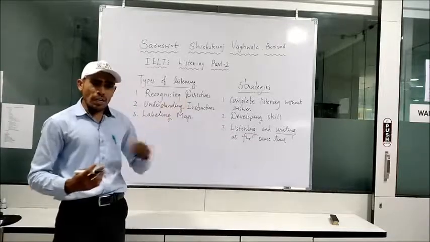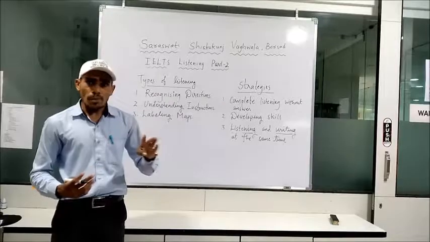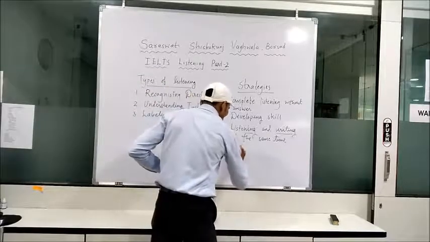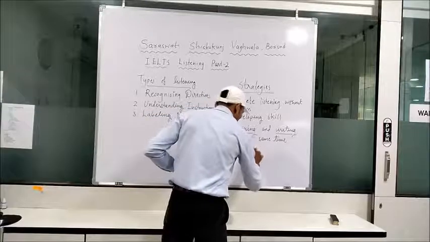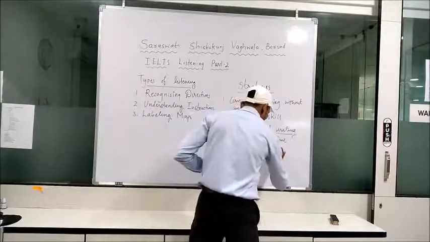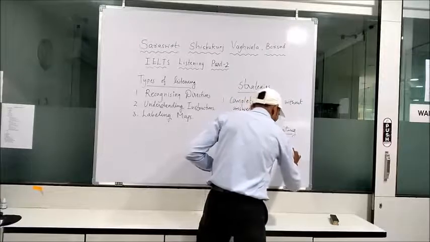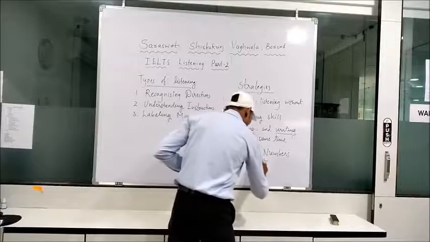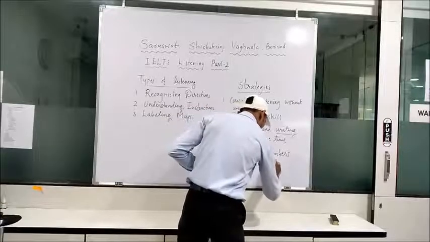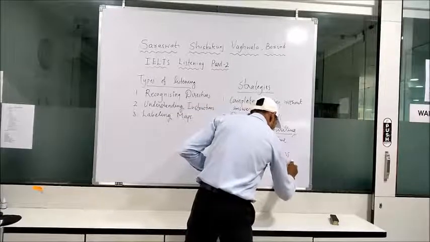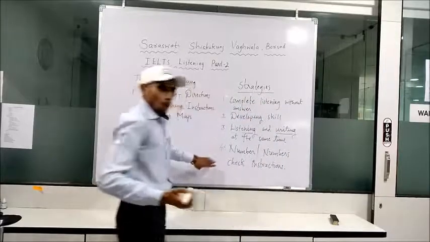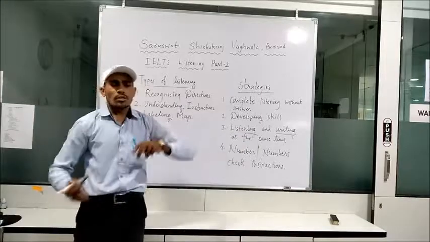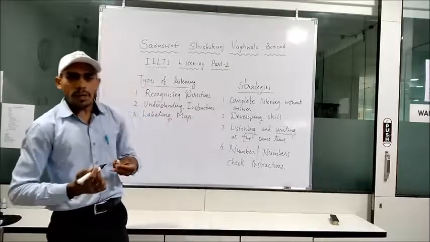The 4th skill we have is number and numbers. Check instructions. Many times students, what happens?